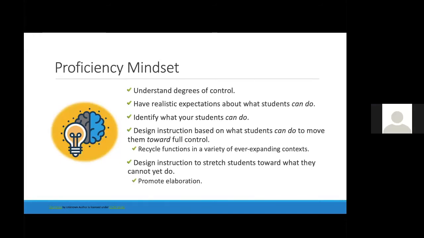And then you want to identify, what is it my students can do? And design your instructions based on what they can do, with the idea of moving them toward full control.